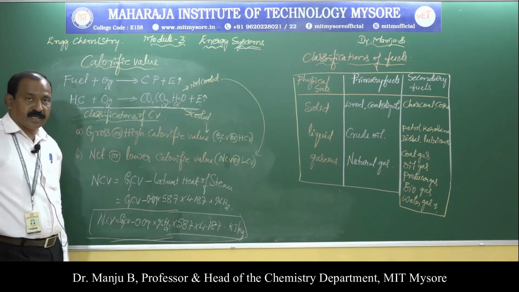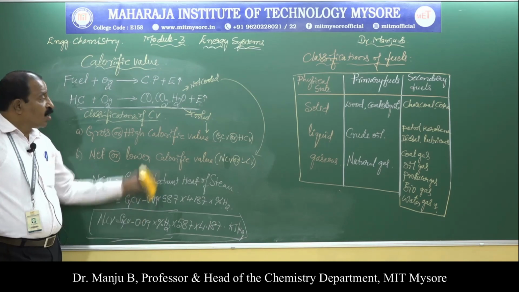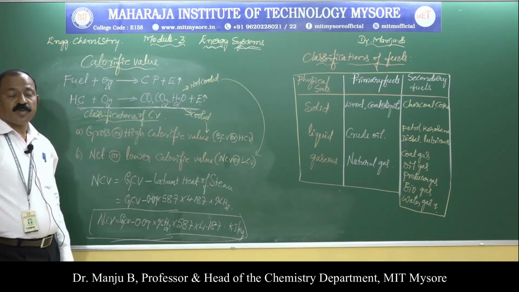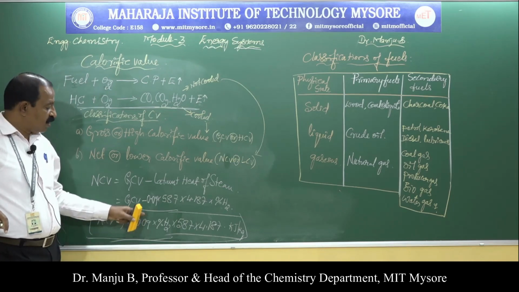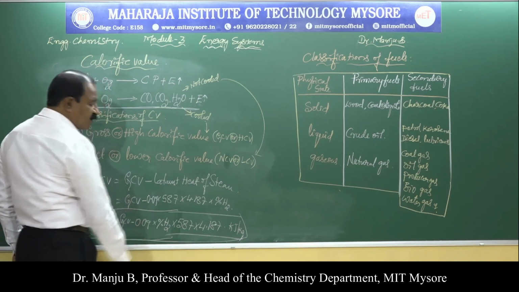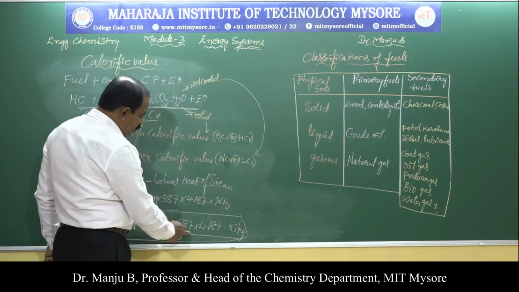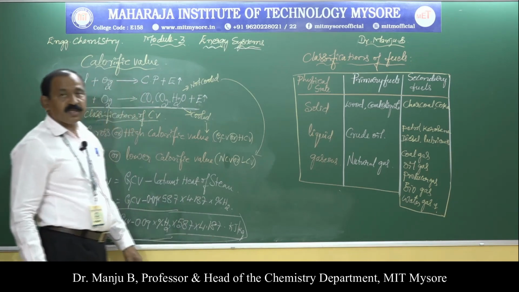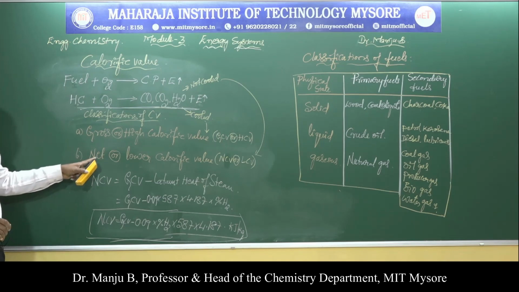Latent heat of steam can be calculated like this. 9 by 100 becomes 0.09. How? 1 gram of hydrogen is able to produce 9 grams of water during combustion, and 9 divided by 100 gives 0.09. Then 587 into 4.187, that is the mathematical equation to calculate net or low calorific value.